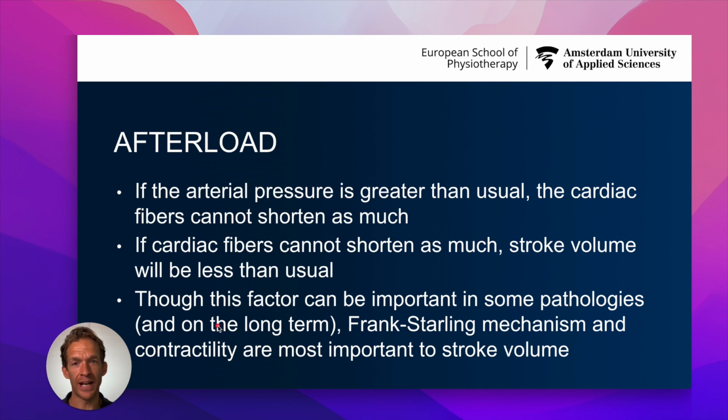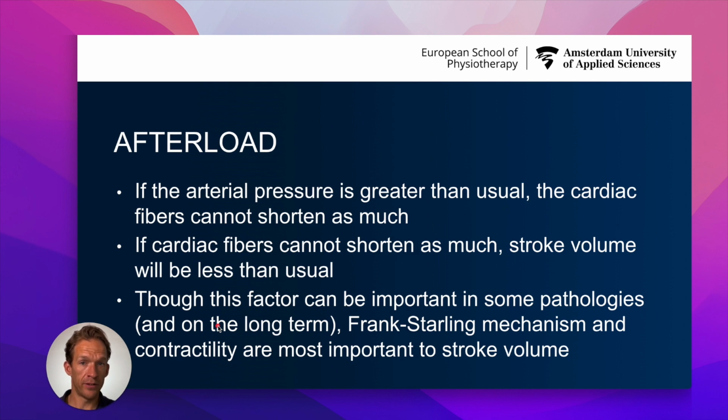The third factor is afterload, and afterload is basically having a consequence on stroke volume, and it's maybe not something you can actually regulate instantly as you could with the preload and contractility factor. But afterload basically says that if you have a higher pressure in the arteries, for example, a higher blood pressure that leads to a higher pressure in the aorta, it will take more effort of the cardiac muscle cells to overcome the pressure in order to open up the semilunar valves.